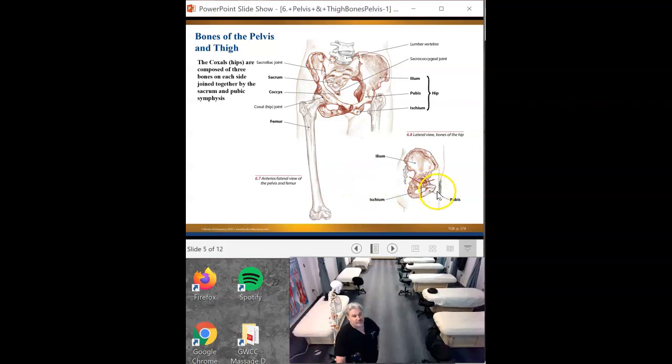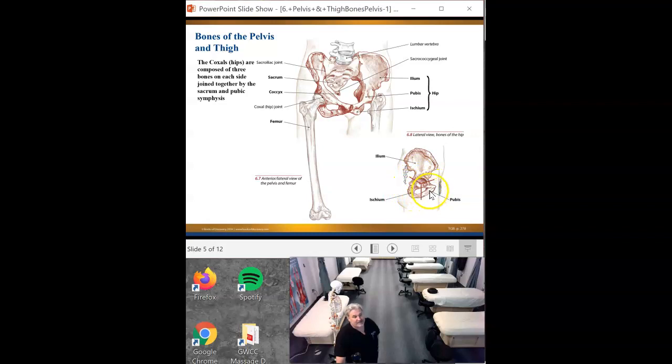And then we've got the pubic bone here. And you can actually feel this front part here, right? This is right above your reproductive organs. You can actually touch it. It's a bump right here. And there are adductor muscles that attach here, here, here, here, here, and here. And there's a whole bunch of hamstrings that attach back here.